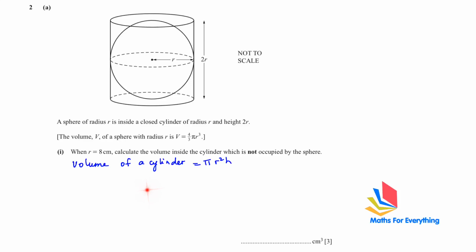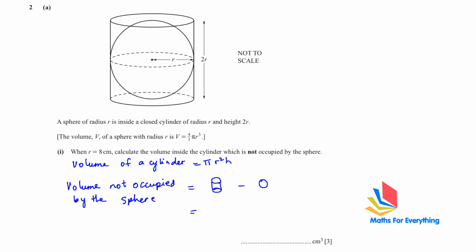And to find the volume of the space not occupied by the sphere, we need to subtract from the volume of the cylinder the volume of the sphere.